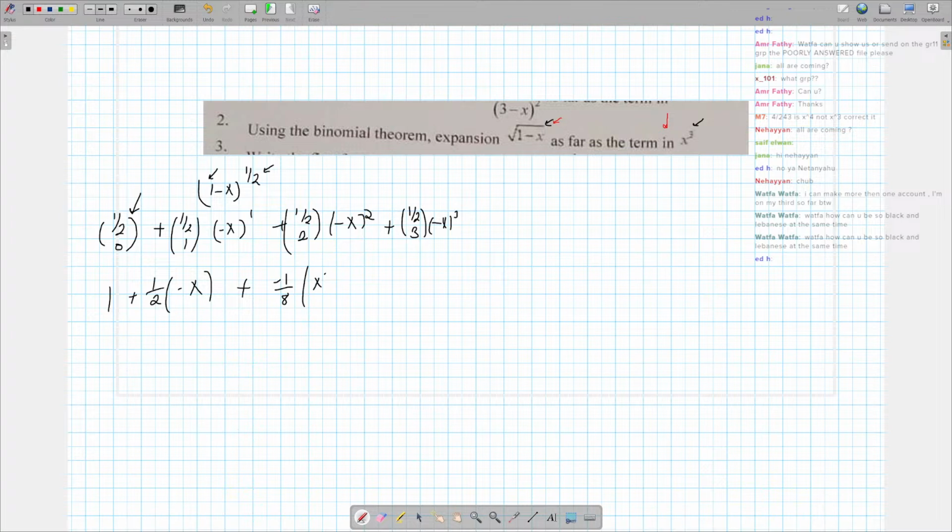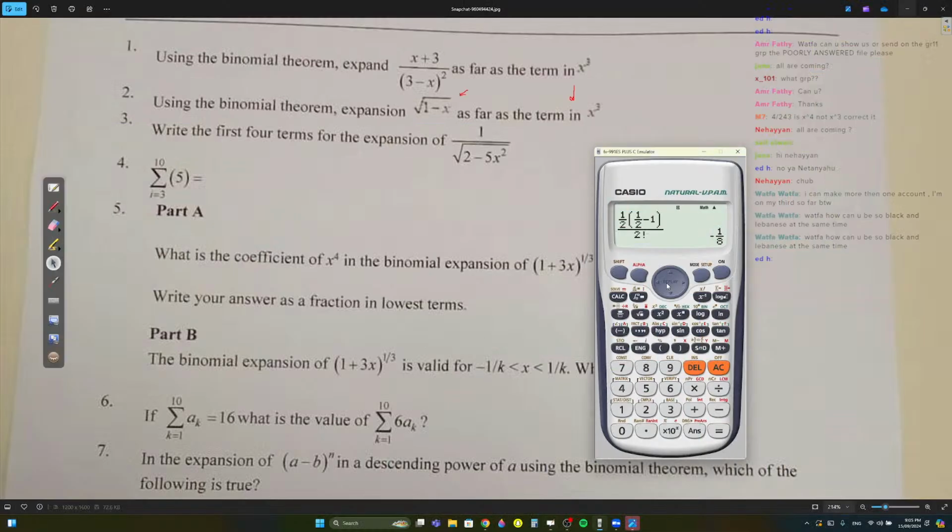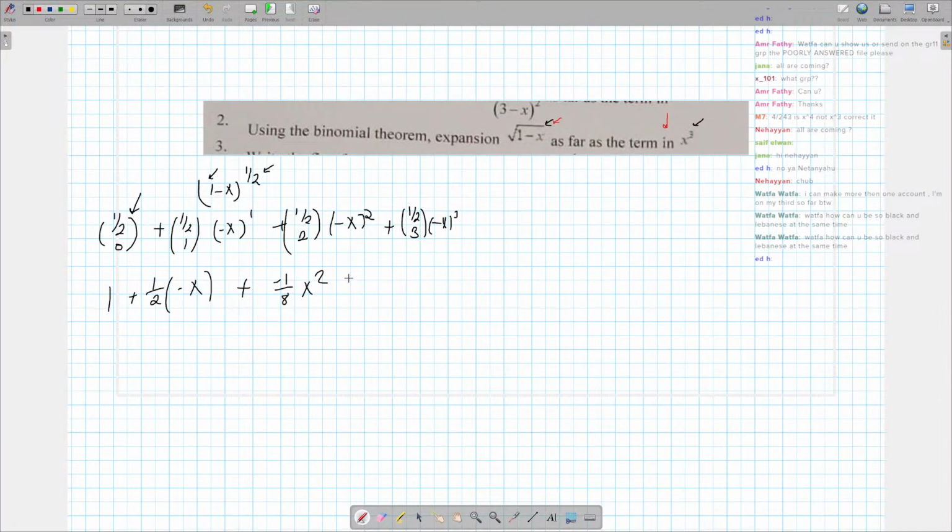Minus x squared is x squared because it's an even power, it becomes positive. Let me remove the brackets and just write x squared. Half C3: same thing, but we change this to 3 factorial and put another half, half minus 2, not minus 1 again. 1 over 16. So plus 1 over 16 times minus x cubed.